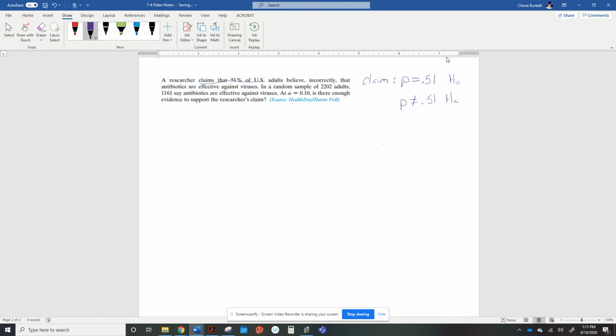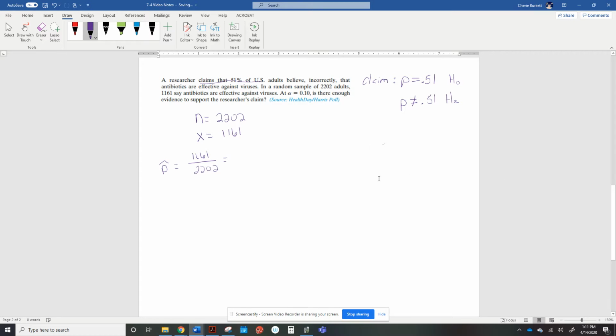In a random sample of 2,202 adults, they say that the ones that believe are 1,161. So we'll have to calculate p hat. P hat is the number who believe over the total number in the sample.